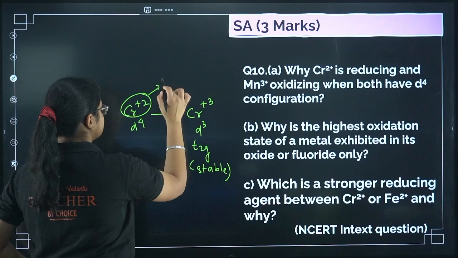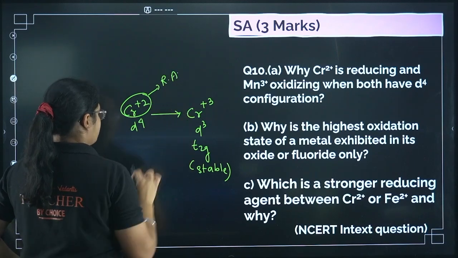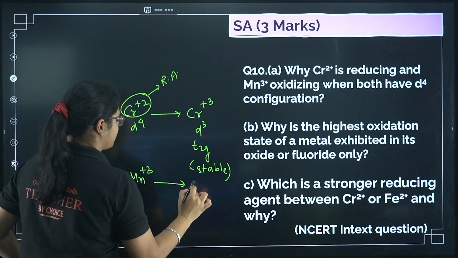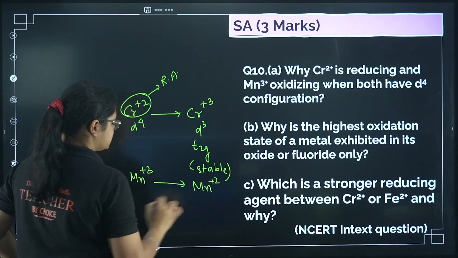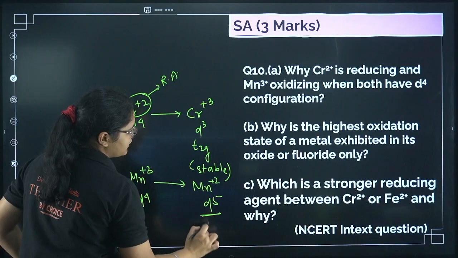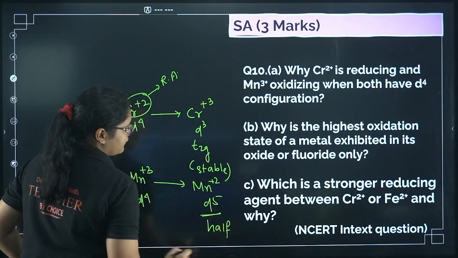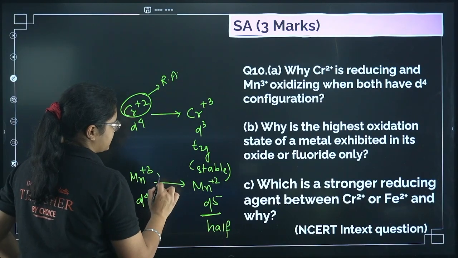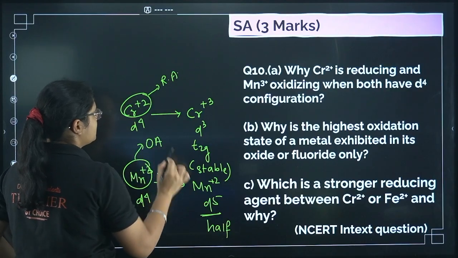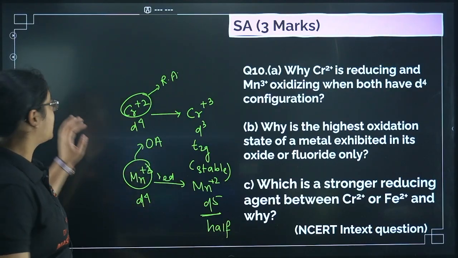Cr2+ will behave as a reducing agent. Now if I talk about Mn3+, Mn3+ goes to Mn2+. Why? Because here it is d4 to d5. Now what is special about d5? It is half-filled configuration, right? So Mn from +3 to +2, it is undergoing reduction. If it is undergoing reduction, Mn3+ will behave as an oxidizing agent. Okay, that is the reason.